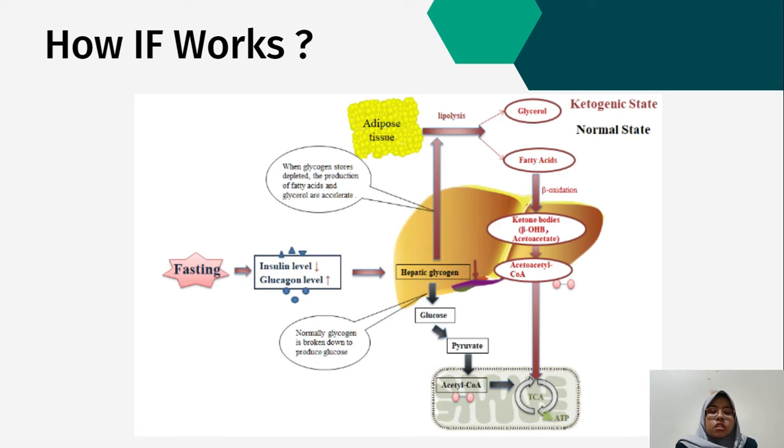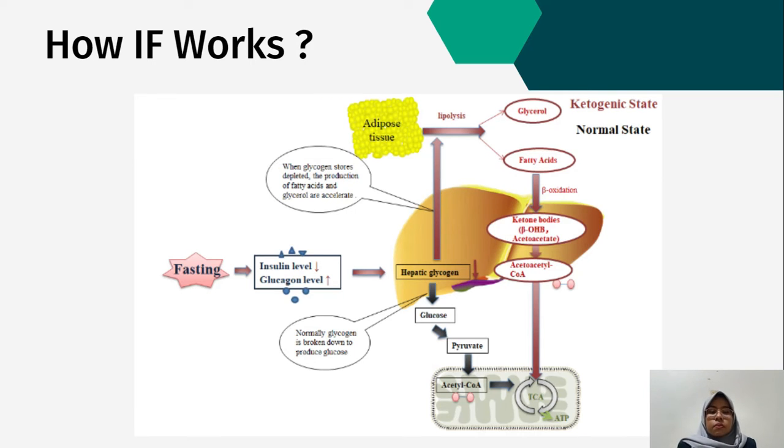Once the reserve of glycogen in the liver is depleted, the body taps into energy stores in adipose tissue. This is when fats are broken down into free fatty acids, which are then converted into additional metabolic fuel in the liver.